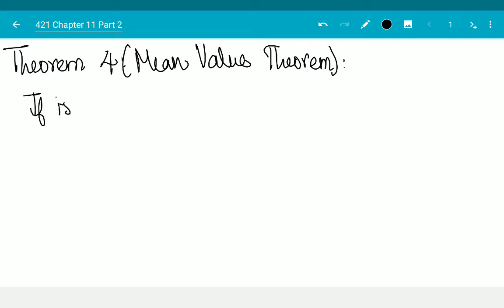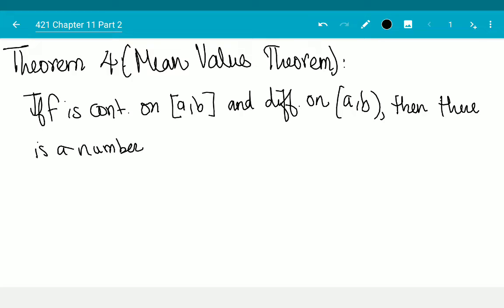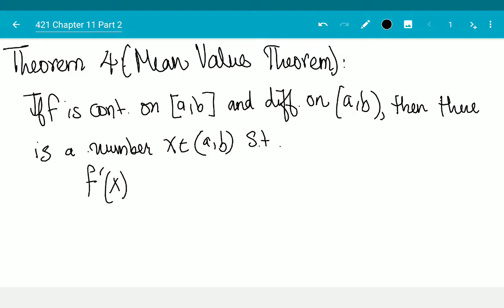If f is continuous on [a, b] and differentiable on the open interval (a, b), then there is a number x in (a, b) such that f prime of x is equal to f of b minus f of a over b minus a, right?